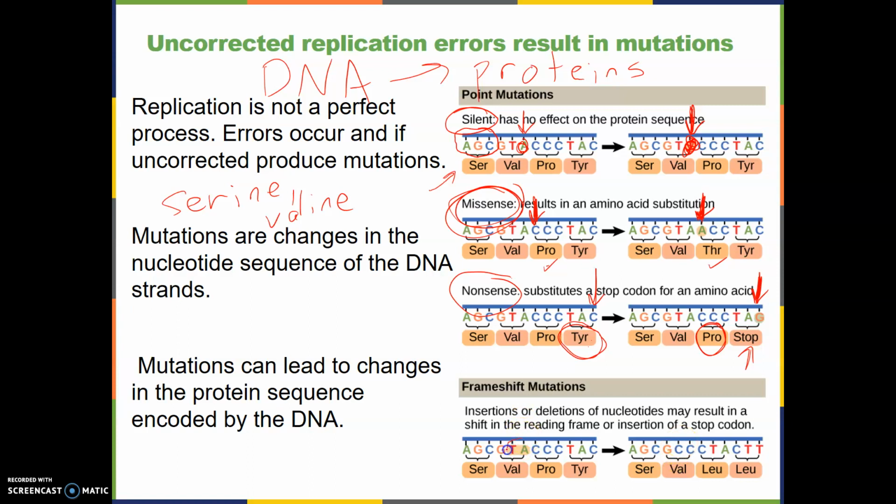So these two, in the original, they were there, and then in the new one, they're actually deleted. They are no longer there. So the T and the A have been deleted, and that deletion shifts the frame, and it causes the new amino acids to be serine, valine, which are like the original, but then leucine and leucine, which are not.